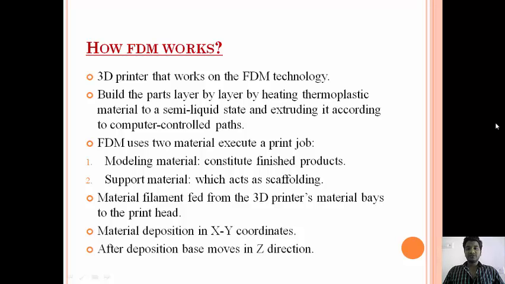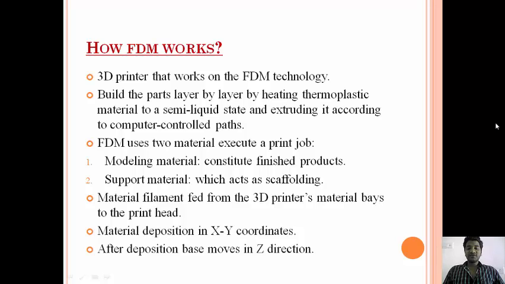The FDM uses two types of material to execute the print job. The first one is modeling material, and the second one is support material. Modeling material mainly decides the properties of the model required, and support material is used for supporting the model, as discussed earlier.